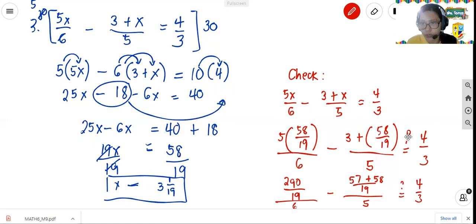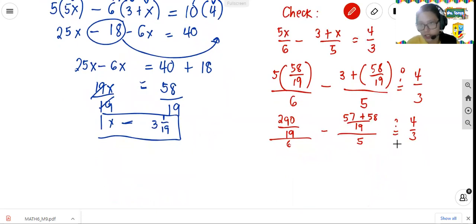Okay, I hope that you're able to follow. Again, this is just a skill in fractions. So 290 over 19 divided by 6. Of course, the 19 and 6 will have to multiply here, because both of them are in the denominator. So we'll have 290 over 114 minus 57 plus 58, which is 115 over 19 over 5.